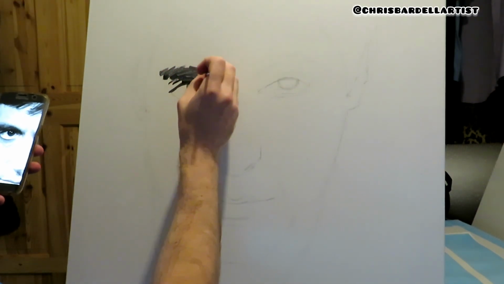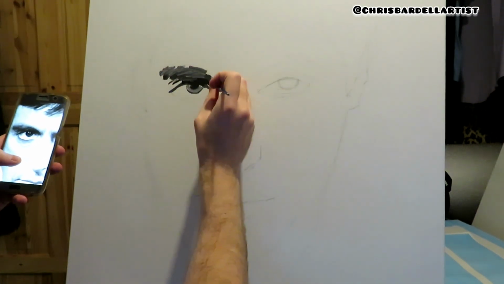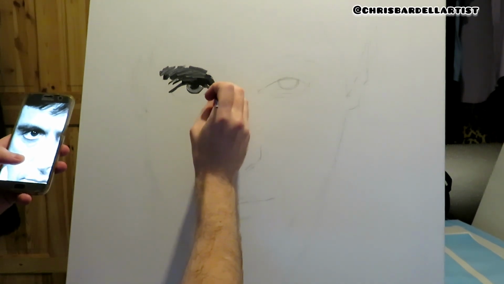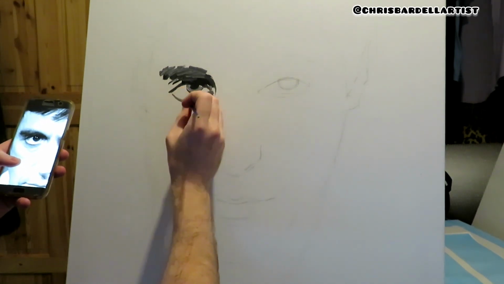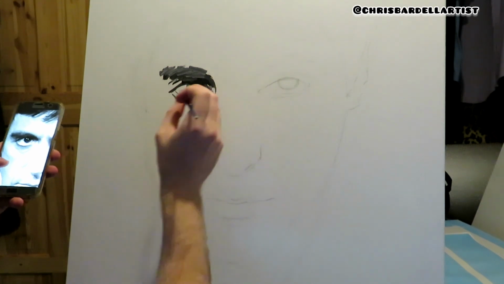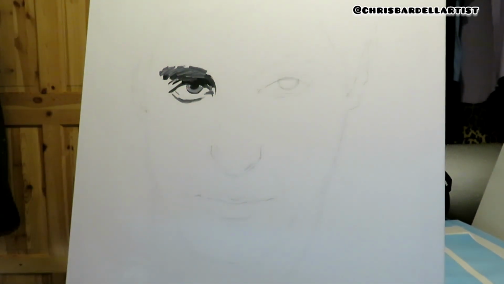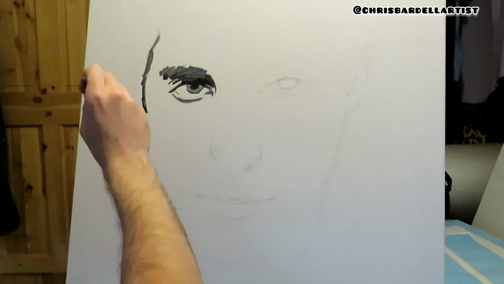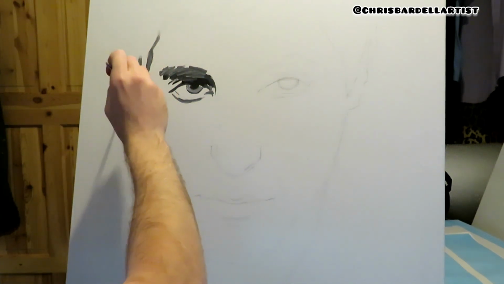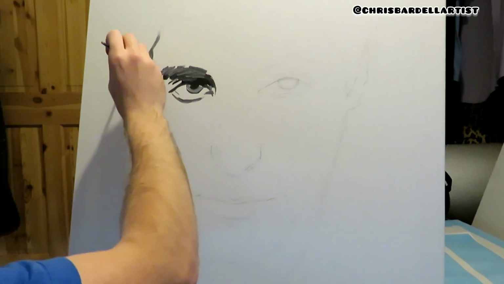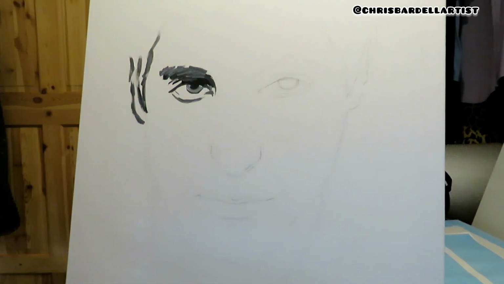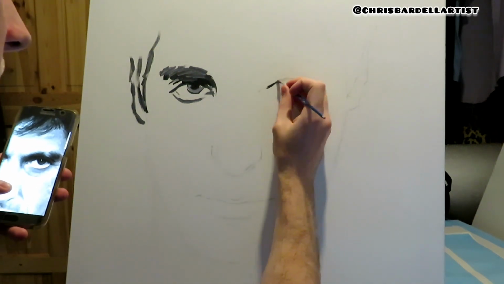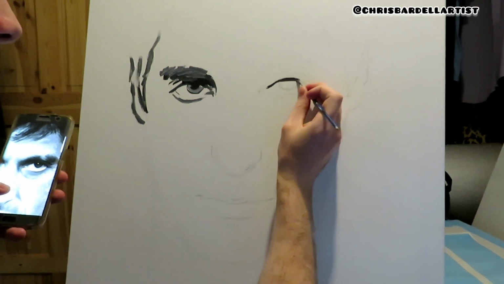So I know you're meant to start from light to dark with acrylic paints, but it doesn't matter with this bit. I usually have an idea of how I want it to look at the end, a picture in mind of how I want the portrait to look and what colours I'm going to use, but sometimes I don't.